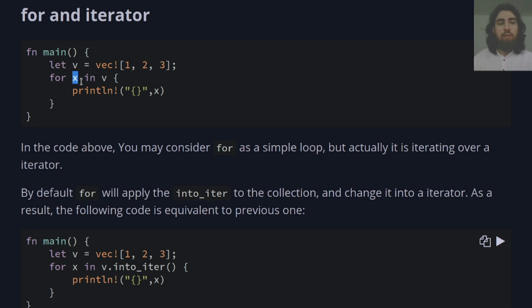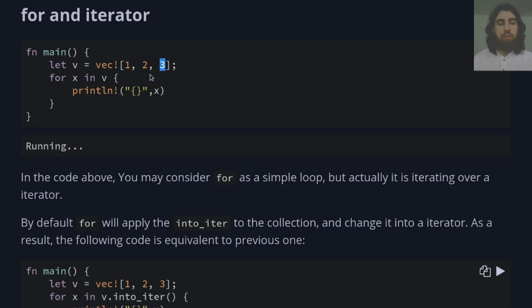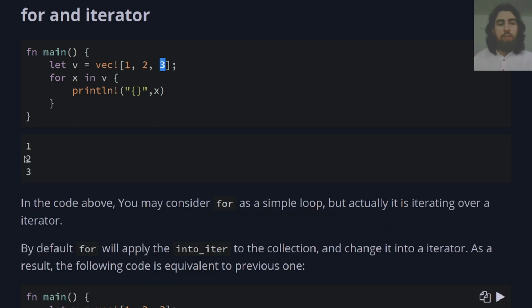And as you can see, the variable x will hold one element of the vector in each iteration. So when we print that out, in each iteration it will just print out x, which means x in the first iteration is 1, then 2, and then 3.